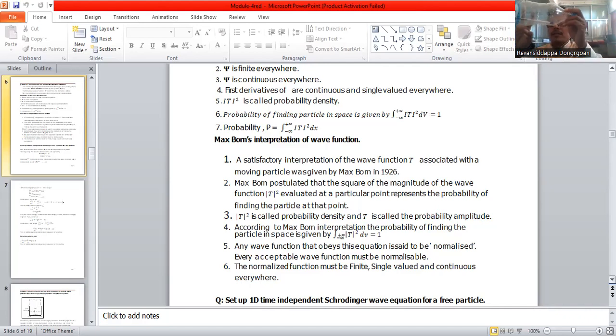Like that, to solve the fundamental mechanical equation of this wave, we have another solution, which we call the Schrodinger solution. He gave one solution, called the Schrodinger wave equation solution, or the Schrodinger time dependent and time independent solution.